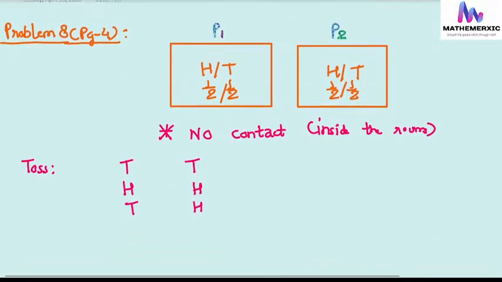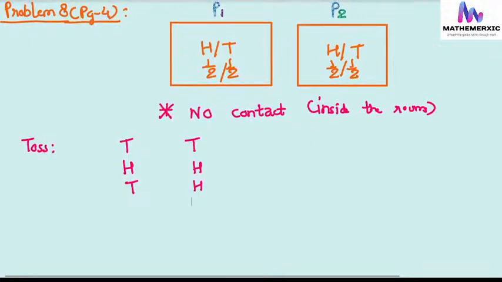So like this, we can try to solve it. Tail, tail we have done. Head, head we have done. Tail, head we have done. Head, tail we have done. These are the four possibilities we can say.